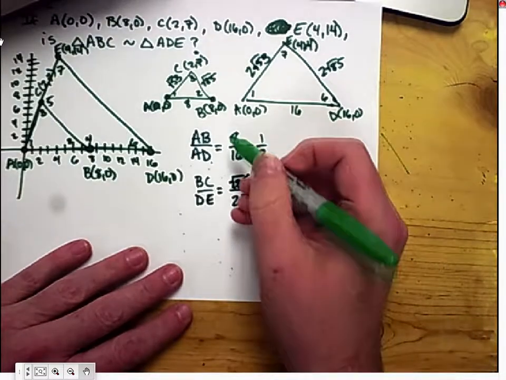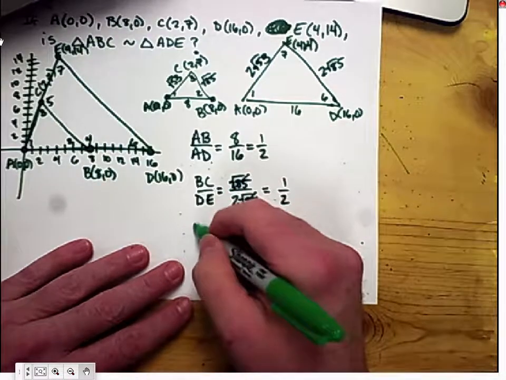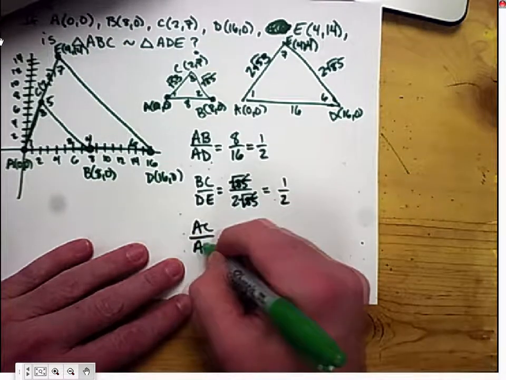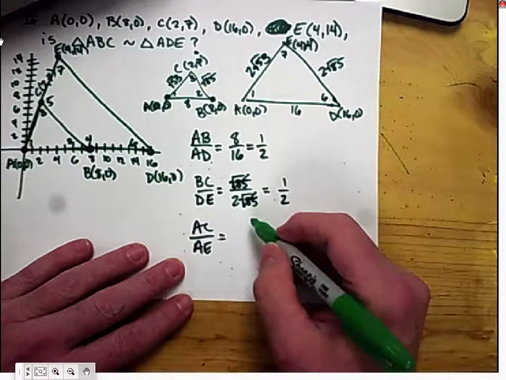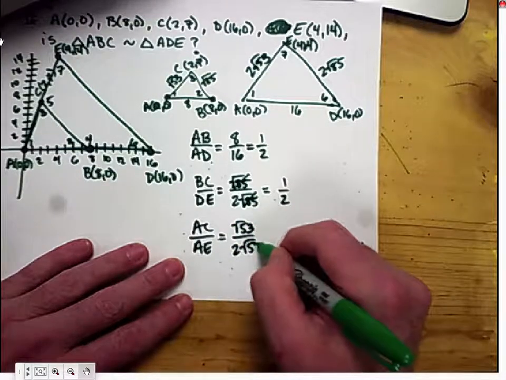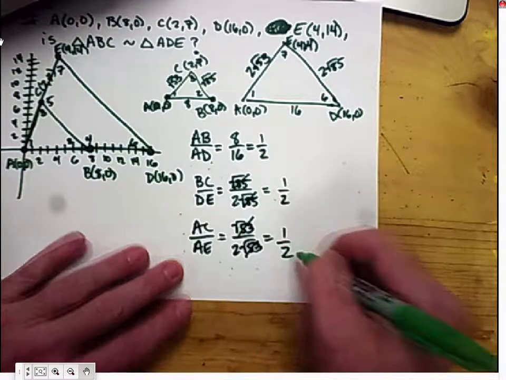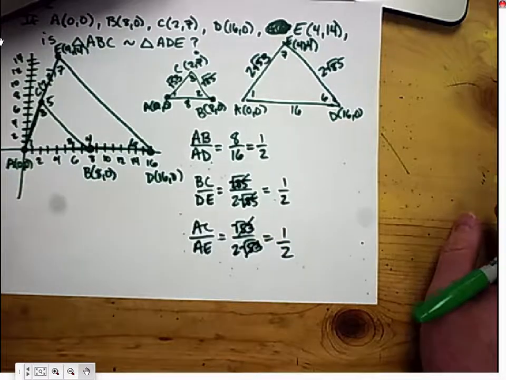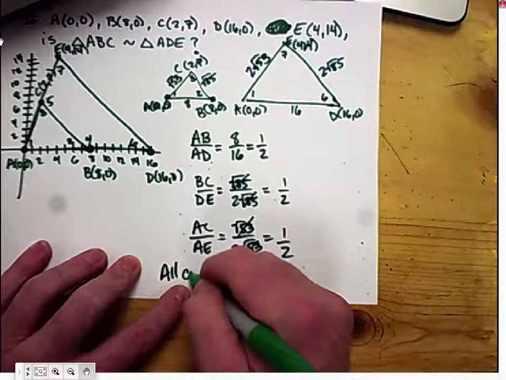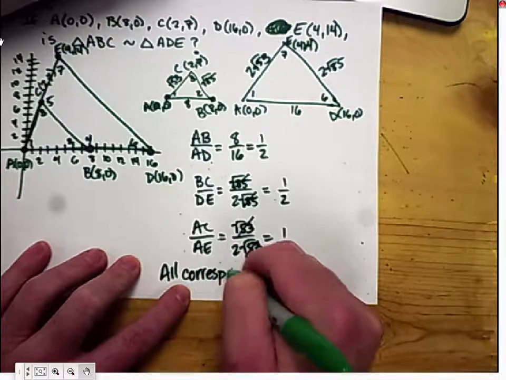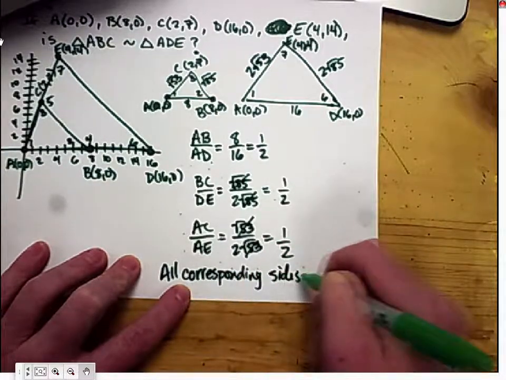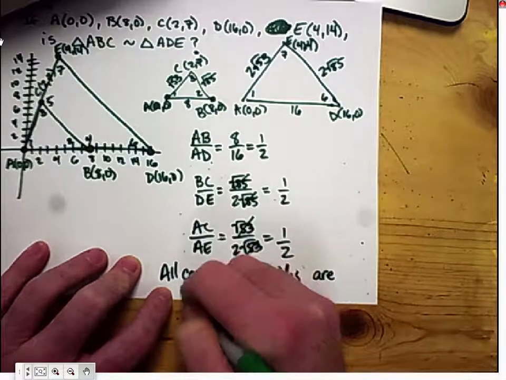Then when we find AC over AE, that is square root of 53 over 2 square root of 53. That is 1/2. So what does that mean? All corresponding sides are proportional.